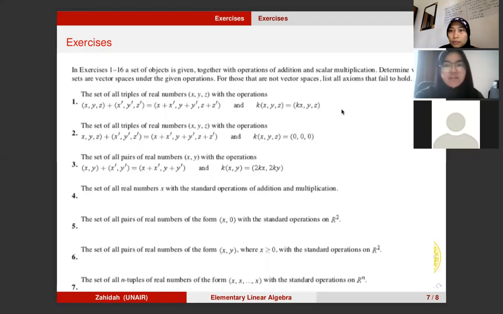Just describe it here. Wait, axiom 7, we have k times (u plus v), right? Are you sure? I think it's still okay, axiom 7.